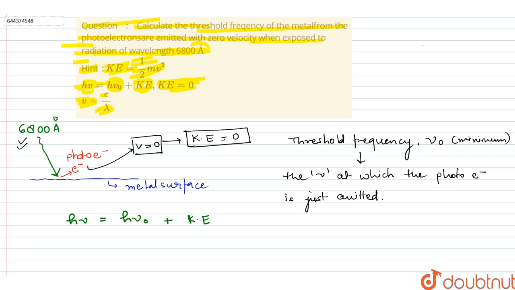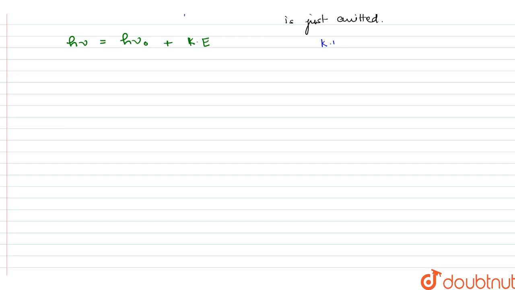Because the formula of kinetic energy is half m v square, and the value of v here is given to us as 0, that is the electron does not move. So on multiplying, kinetic energy becomes 0. So this term becomes 0 in this equation.